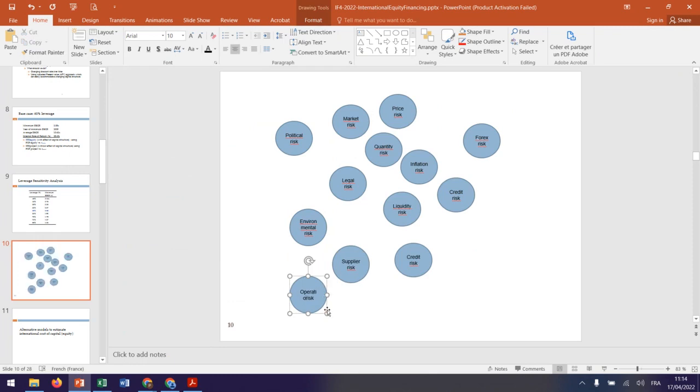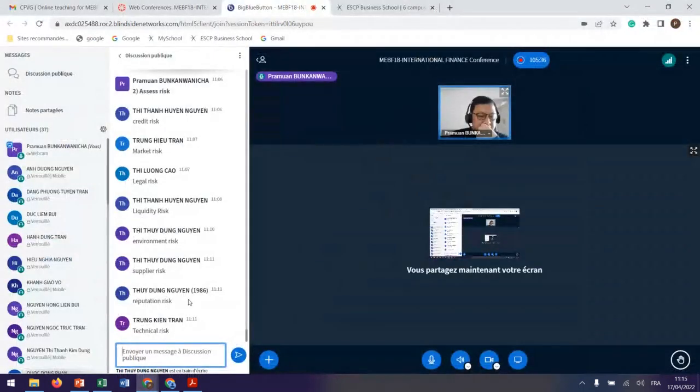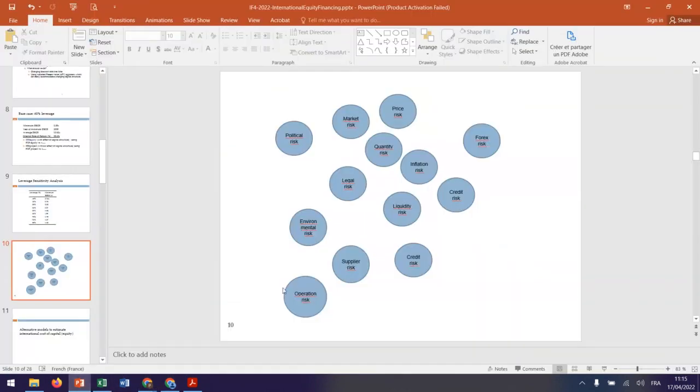Operation risk. Okay, what else? I see somebody typing. Technical risk, reputation risk, supplier risk, technical risk, technology risk.